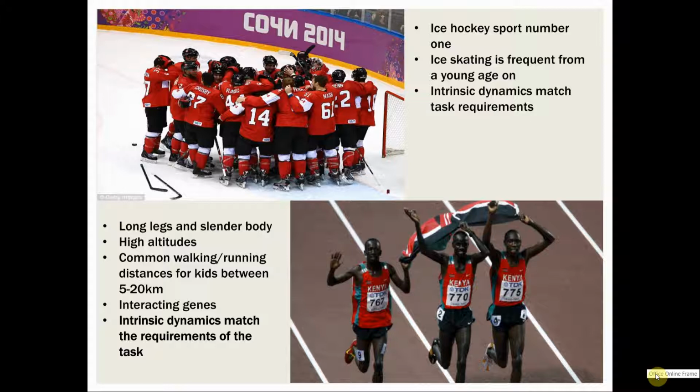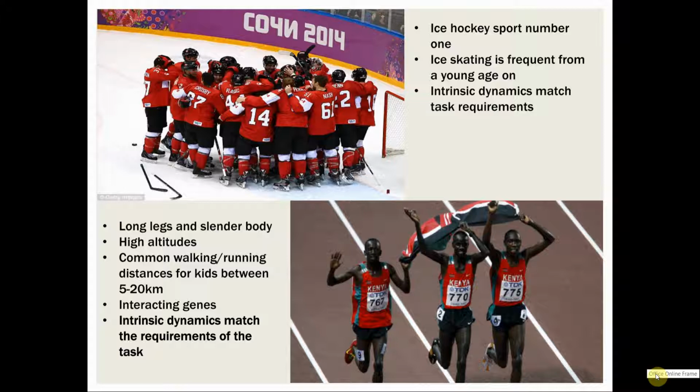The same thing when we look at running or distance running in Kenya, right? Kenyans genetically have long legs and a very slender body, usually quite low body fat percentage. They're used to training and living at very high altitudes, and it's very common for children to walk or to run distances between 5 and 20 kilometers, right?